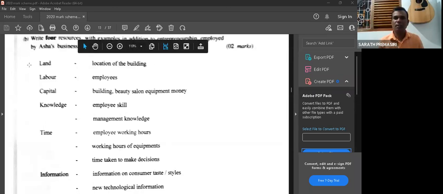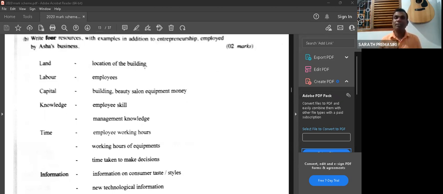Here you see land. Except for entrepreneurship, these are the other resources used by Asha. Land: location of the building. The building is situated on the land, so land is a resource. The other one is labor. You know these business resources, factors of production.